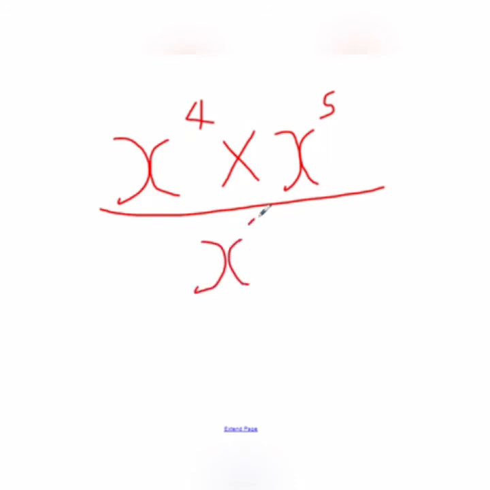I could do x to the power 4 times x to the power maybe 5, and then if I say divide that by x to the power 2, for example, this top one will give me x to the power 9, and I divide that by x to the power 2.